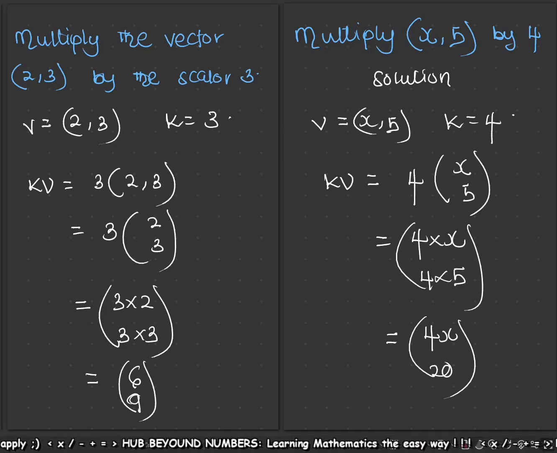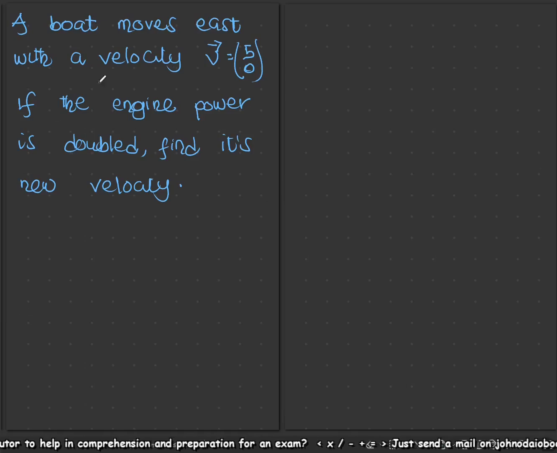Now that we know the basis of multiplication of vectors by scalars, let's look at how we apply this concept in word problems. Looking at this word problem, it says: a boat moves east with a velocity 50.